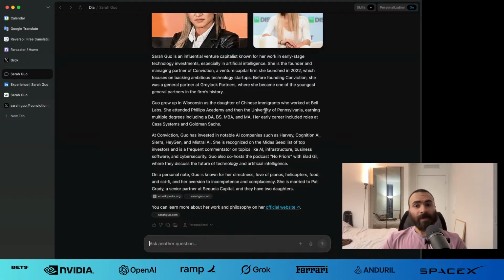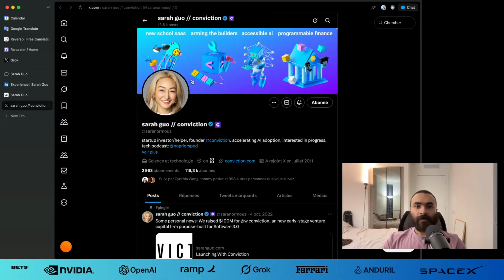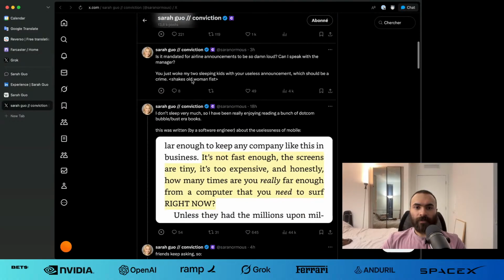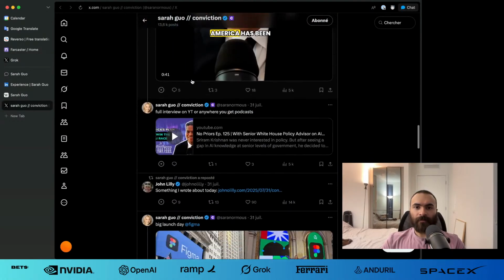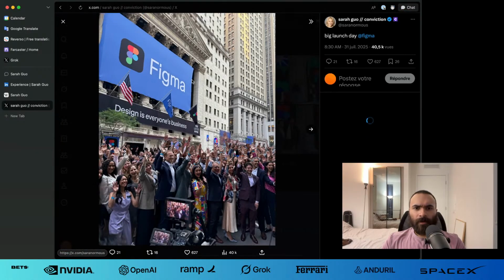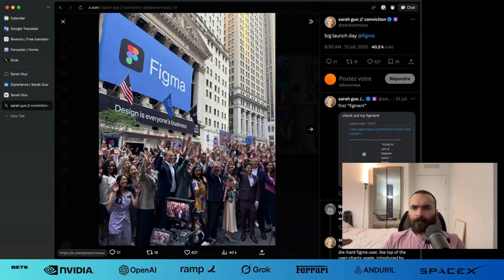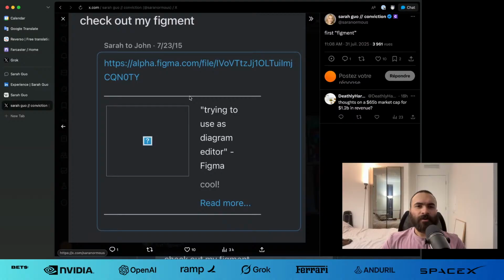Okay, so she was big on Figma. Figma is the big one. We'll have some photos over here. Perfect. Big launch of Figma. Check out my Figment, trying to use as diagram editor.